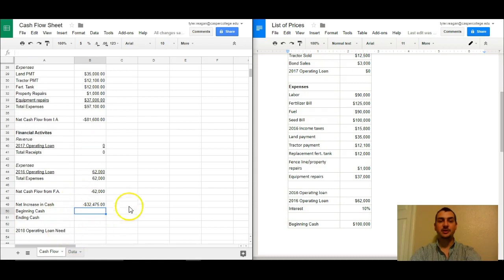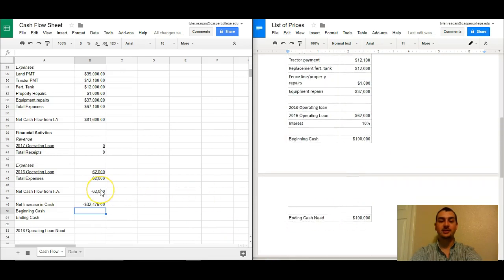Meaning that this particular farm or ranch spent $32,000 more in cash this year than what it brought in. So then if we look over here, we say, all right, the beginning cash is $100,000. That's how much we had in the checking account when we started. So we had $100,000, and we wound up spending $32,000 more than what we made.